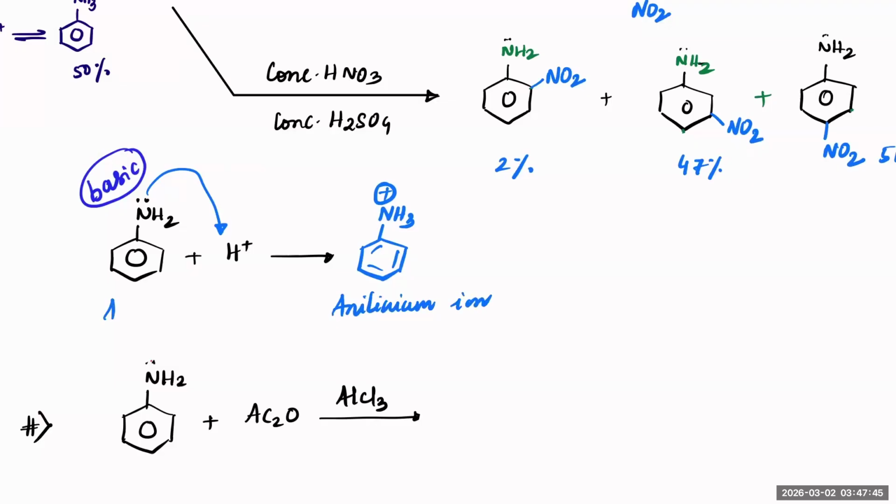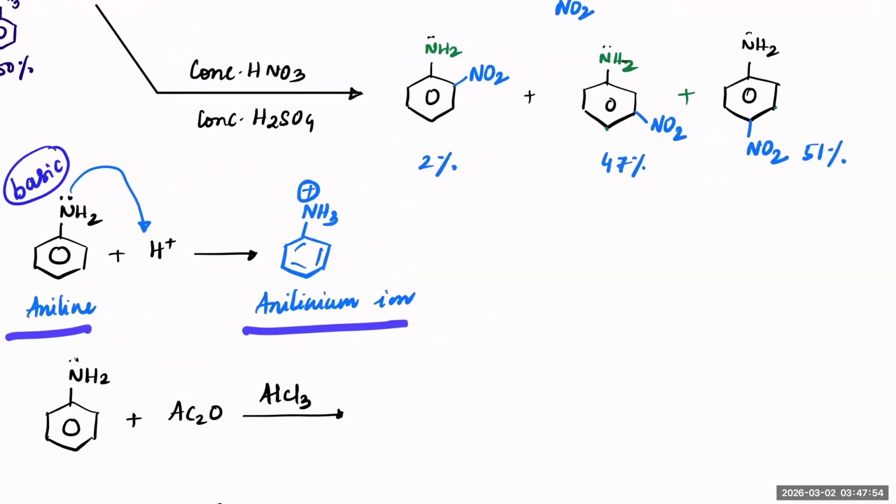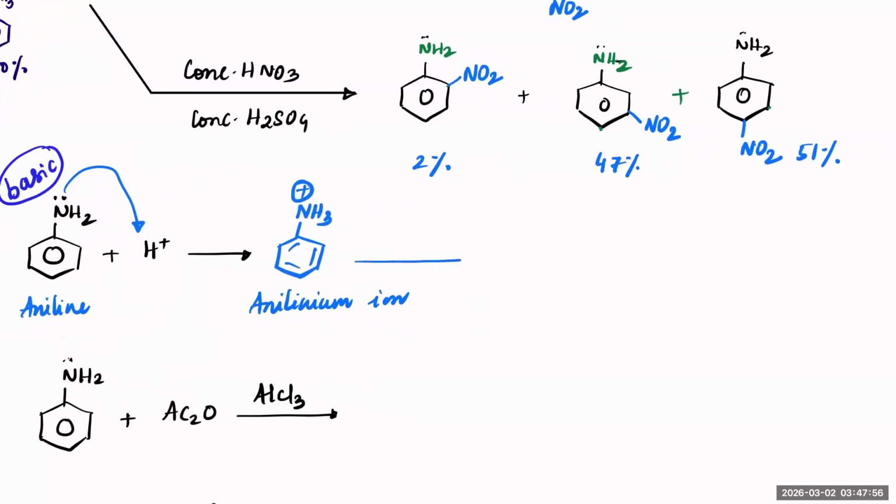And here it is aniline and anilinium ion. So you would have a large quantity of these two. And you know that the anilinium ion is a deactivating group. Because it is a deactivating group, when you do nitration, it will go at the meta position.